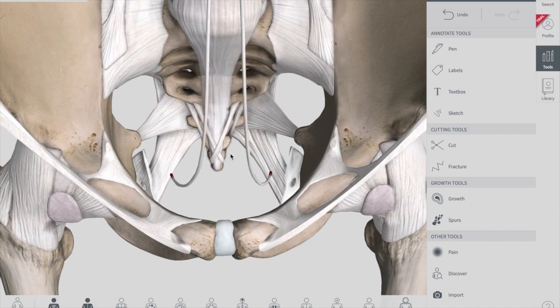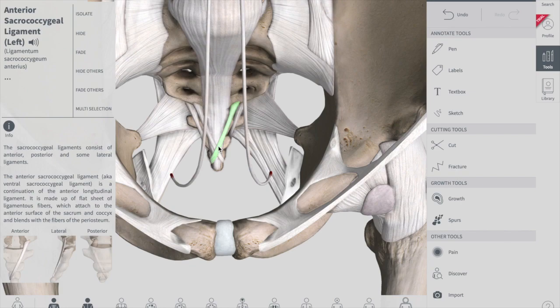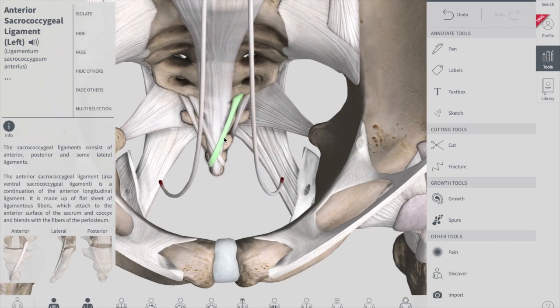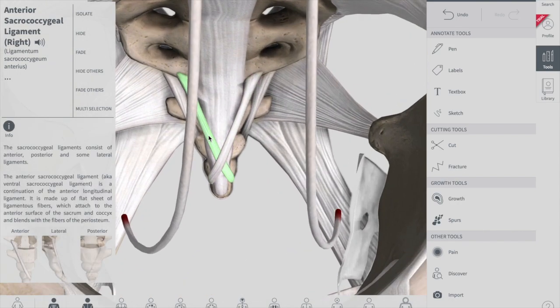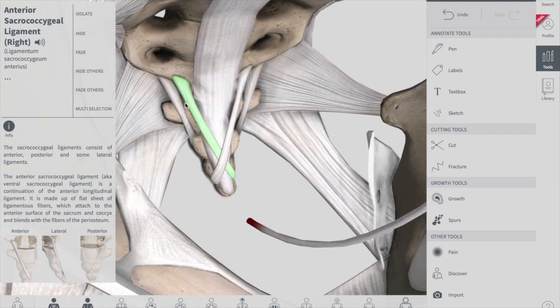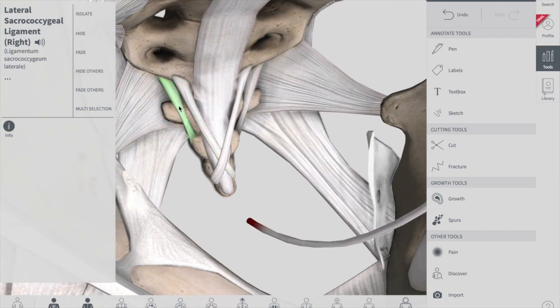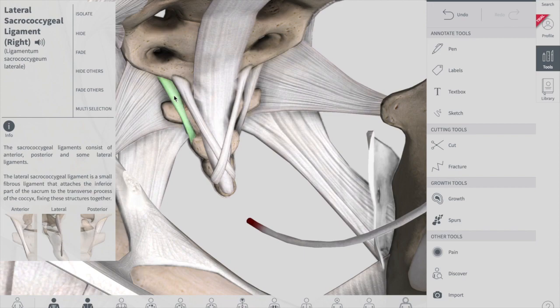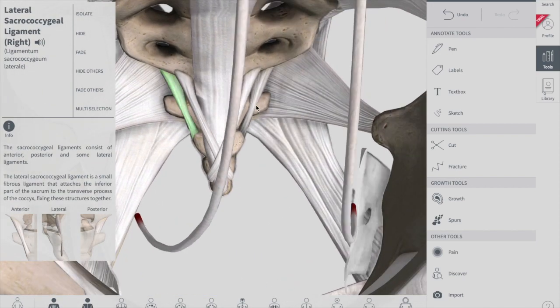I'll tell you their names. The first one is the anterior sacrococcygeal ligament. This is your left anterior sacrococcygeal ligament, and on the other side you have got the right anterior sacrococcygeal ligament. And on the sides of it, we have got another ligament which is called the lateral sacrococcygeal ligament.